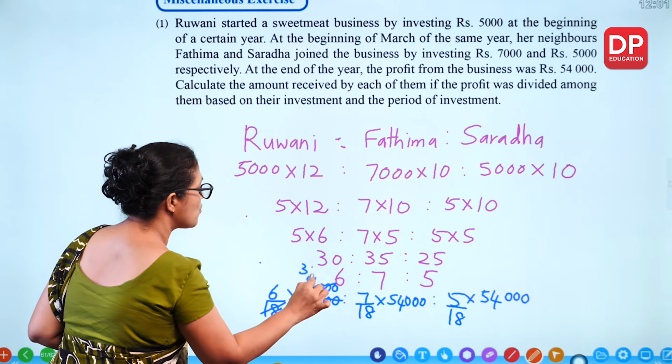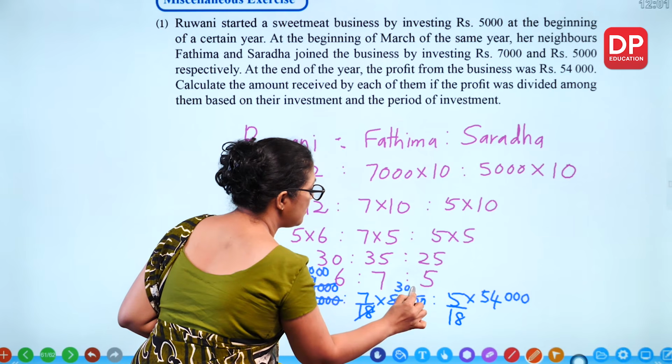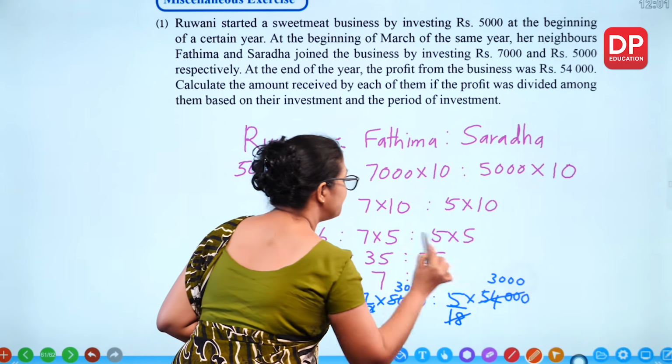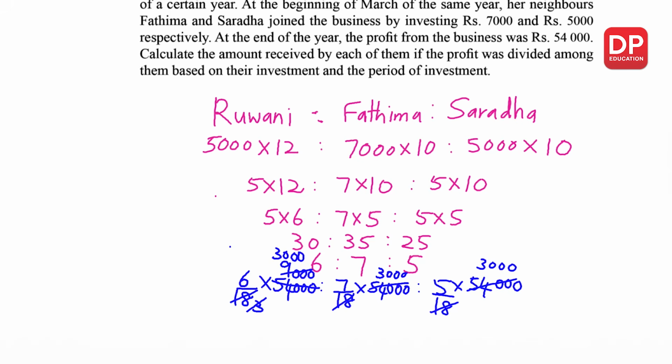So you get 3,000 here. So all these you get 3,000 here. Now multiply by 6 here. You get 18,000. 3,000 into 7, 21,000. And 3,000 into 5, 15,000.